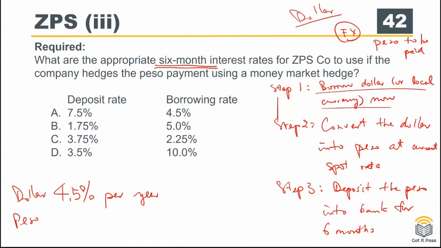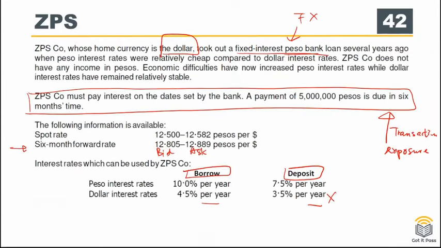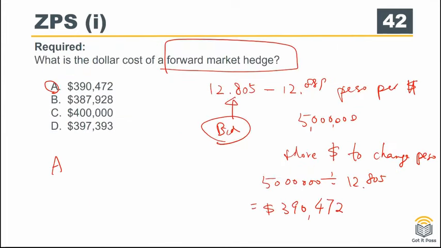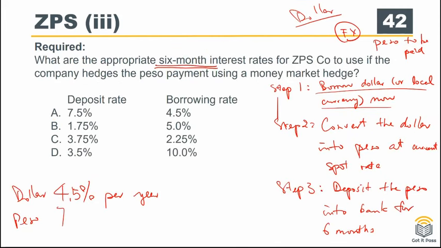And for peso, the rate you apply is the deposit rate. So the borrowing rate in peso is not correct. The deposit rate is 7.5% per annum, 7.5% per year. So you have 4.5% divided by 2 for 6 months' time, which is 2.25% per 6 months.